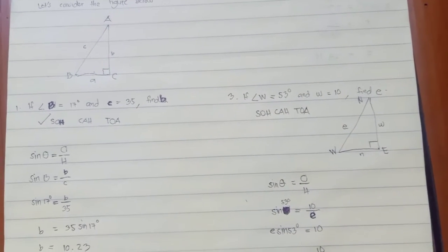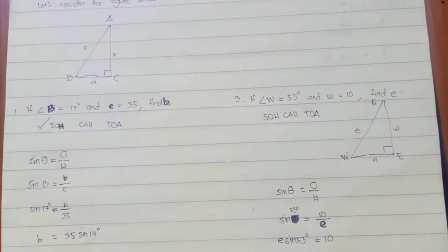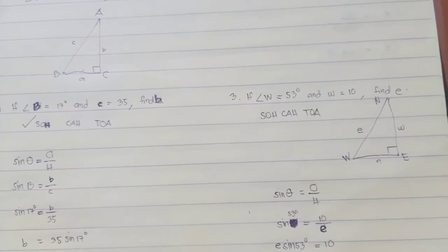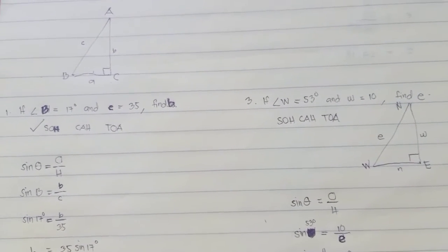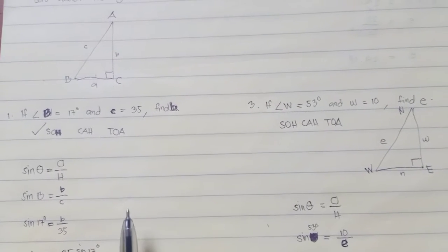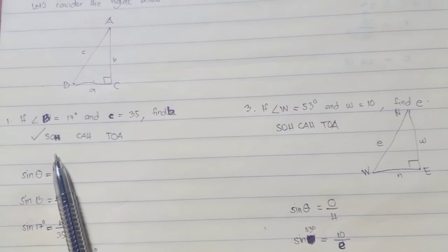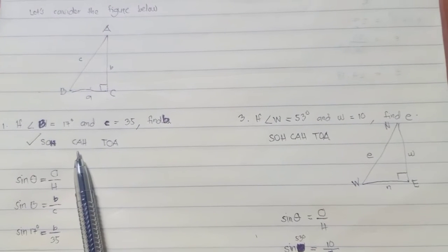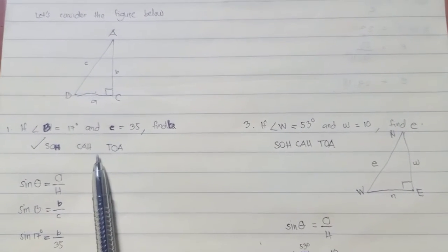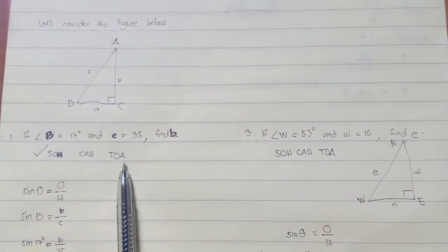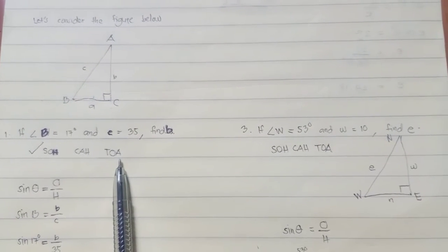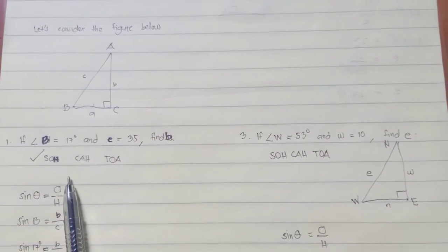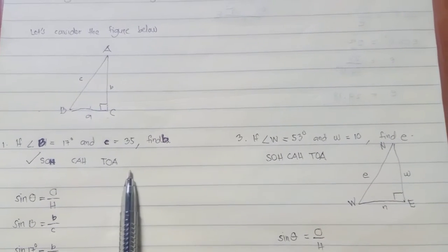When are we going to use these? We use SOH when talking about opposite and hypotenuse, CAH when talking about adjacent and hypotenuse, and TOA when talking about opposite and adjacent. SOH-CAH-TOA: sine, cosine, and tangent.